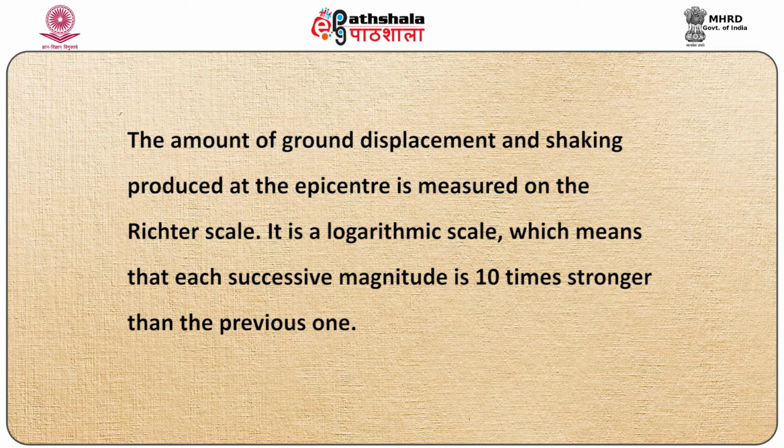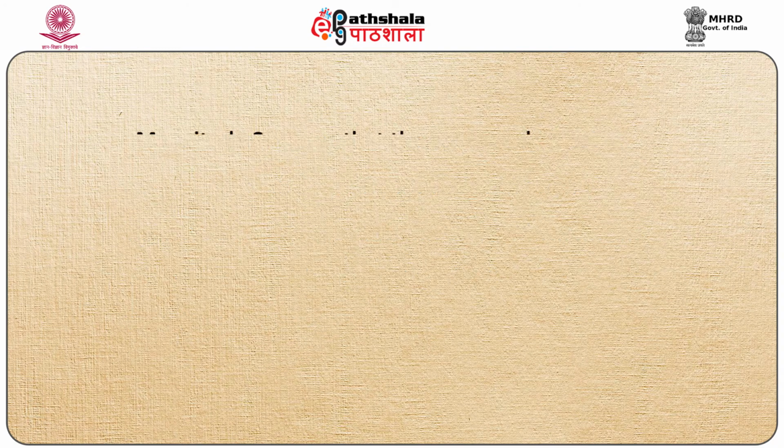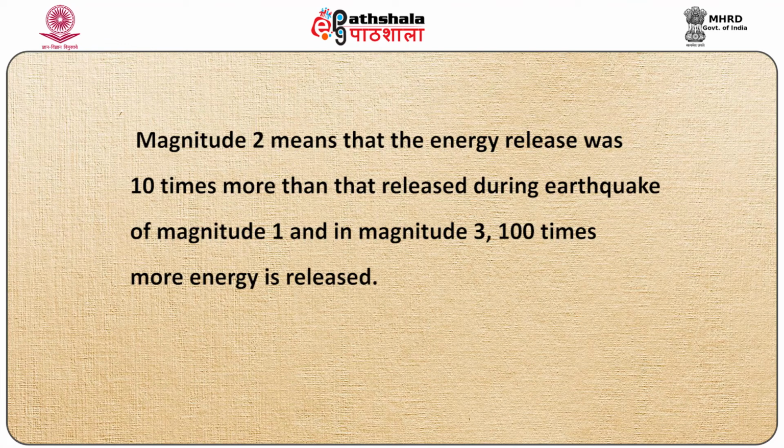It is a logarithmic scale, which means that each successive magnitude is 10 times stronger than the previous one. Magnitude 2 means that the energy release was 10 times more than that was released during earthquake of magnitude 1, and in magnitude 3 it is 100 times more than the energy released at 1.